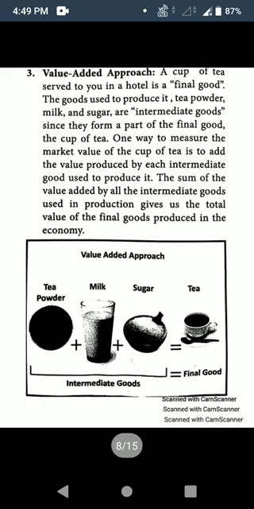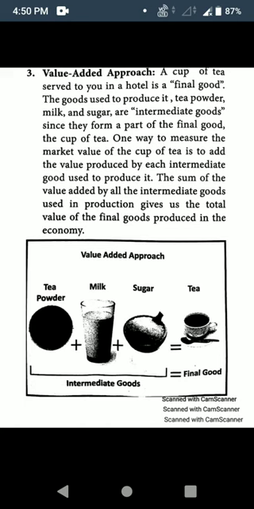Okay, next, the third method is the value added approach. What do you know about this value added approach? Value added means all the intermediate goods are added to the total value of final goods produced in the economy. For example, you are going to one hotel. In that, you had a cup of tea. So this cup of tea is the final good.